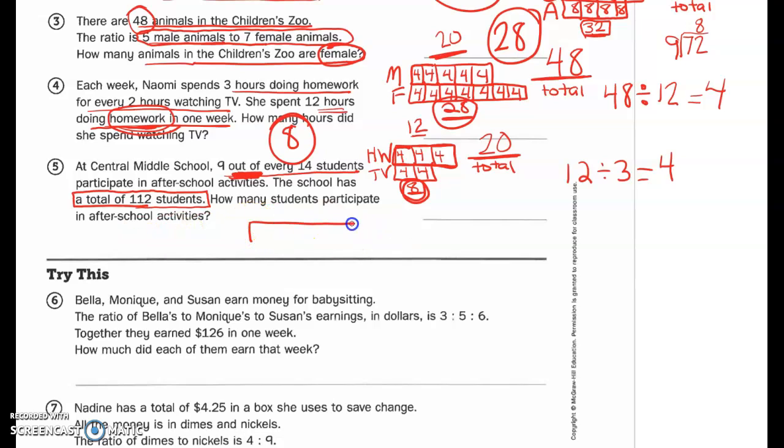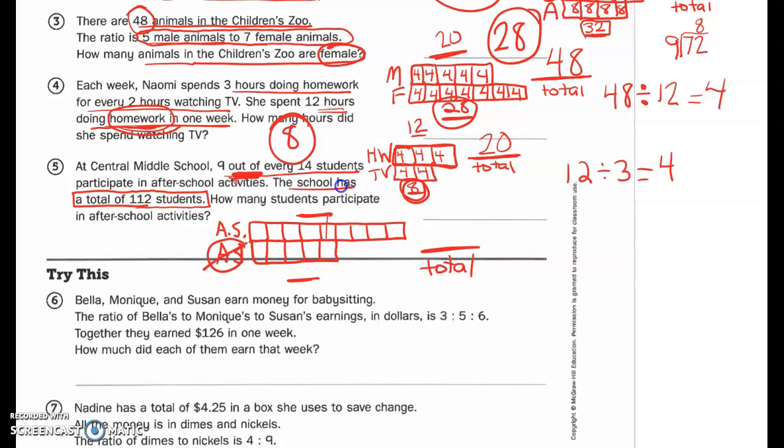So a box of 9 and a box of 5. So 9 participate, so I'm going to write after school. And then I'm going to do an after school with a slash through it for the ones that don't do it. All right. And then a blank line here, blank line here, total here.